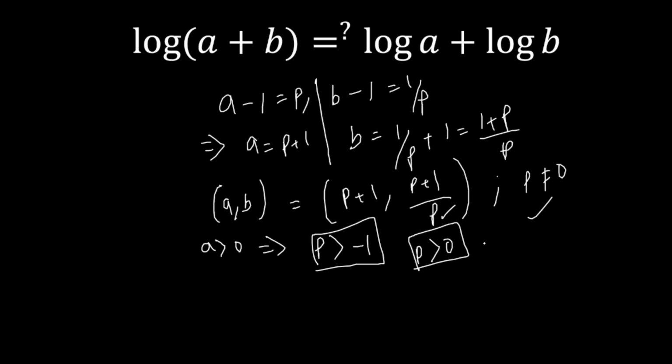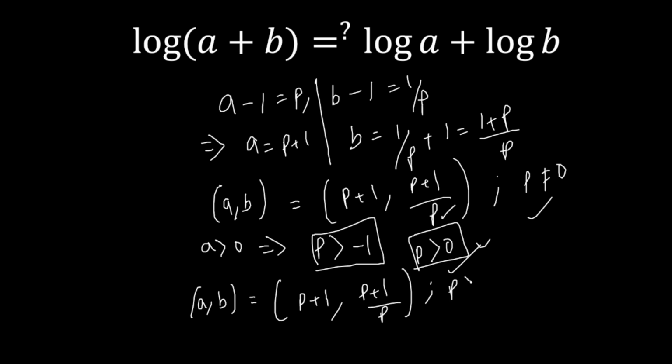So p greater than minus 1 and p greater than 0, if you combine them, obviously p greater than 0 is going to dominate that. And also a plus b greater than 0. But since a and b are individually greater than 0, a plus b will also always be greater than 0. So a set of solutions for this equation, and kind of the only set of solutions I would say, is (p plus 1, (p plus 1) by p) with p greater than 0.